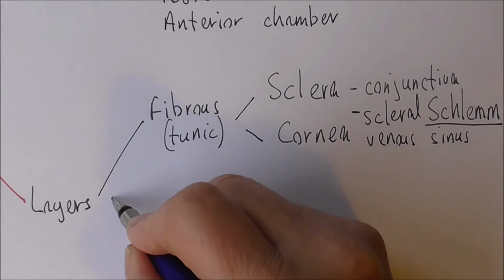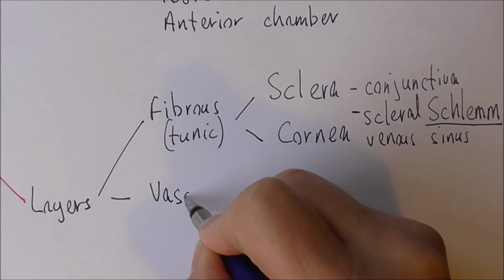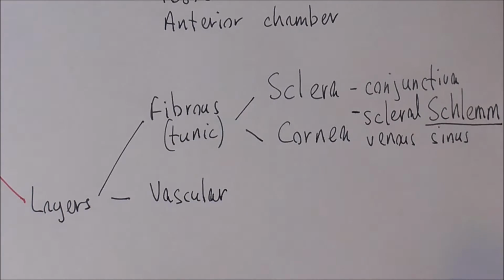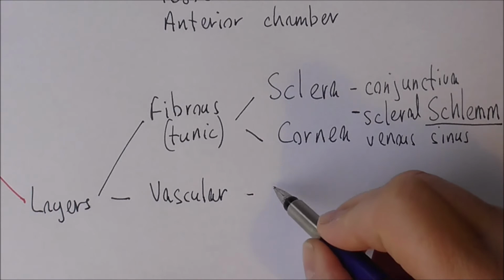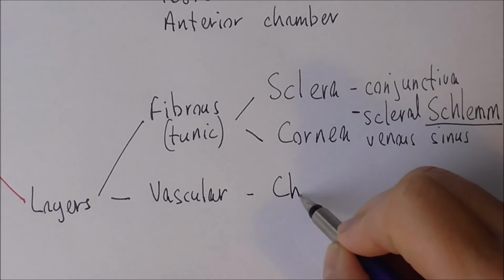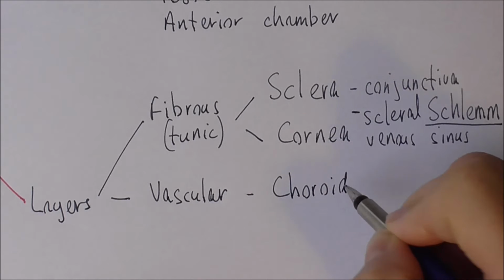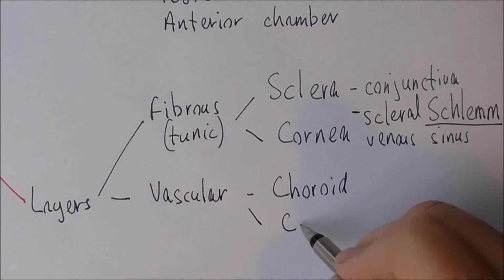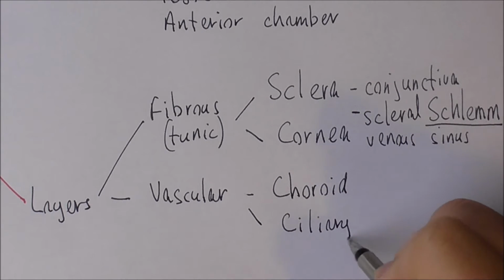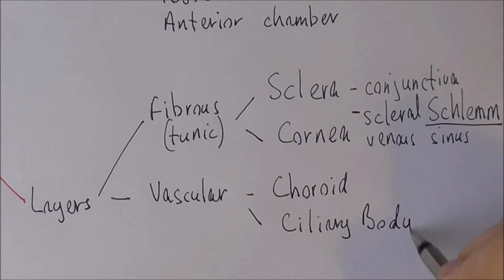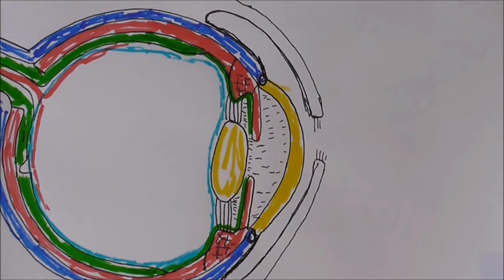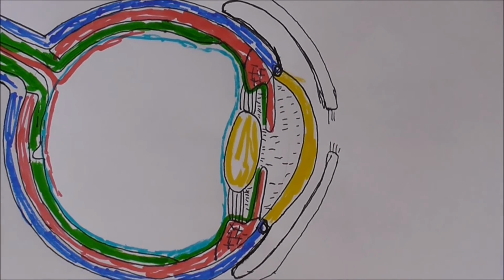Now the next layer is vascular. The vascular layer. A lot of the blood vessels go through this layer. And we have the choroid. We have the ciliary body. And also included in this is the iris. So as you see here, this layer is in red because it's vascular.